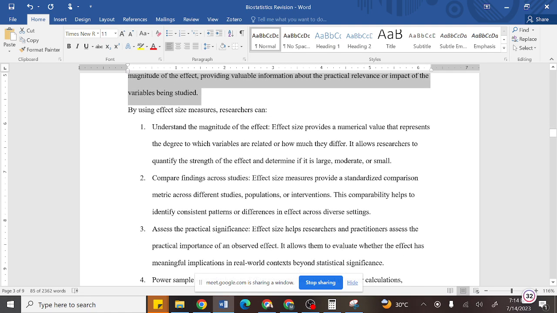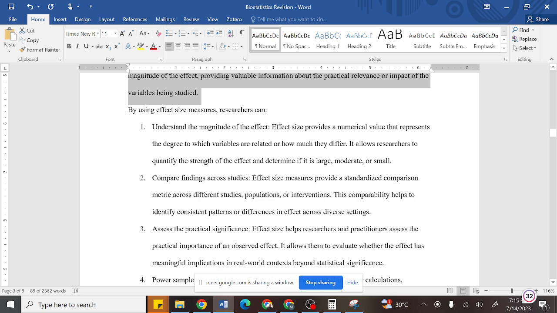Okay, so it is very important that we understand the concept of effect size, because it provides us a numerical value that represents the degree to which variables are related or how much they differ. And therefore, we can quantify the strength of the effect and determine whether it is large, moderate, or small. If it is small, then it is negligible.